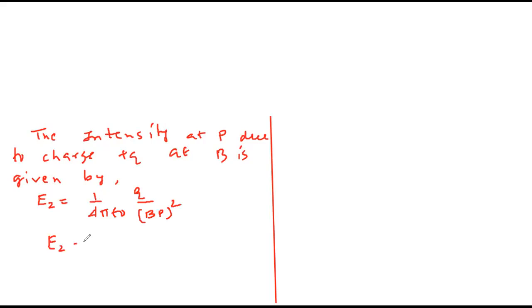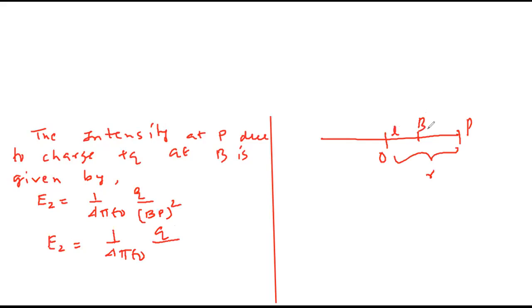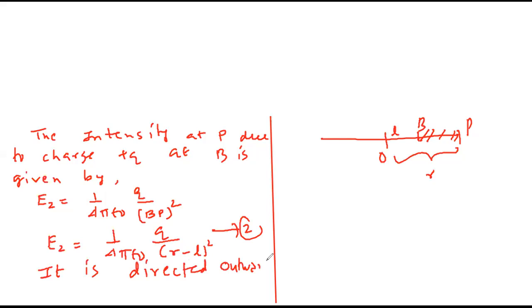Now, see what is the B to P distance. From O to P, distance is R. O to B, distance is L. So what will be this BP distance? R minus L, square. Yes. And it is directed where? Outward or inward? Outward. It is directed outwards.